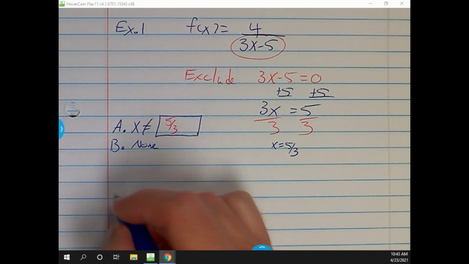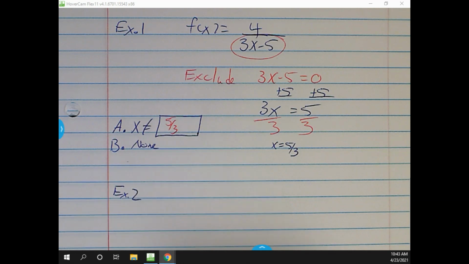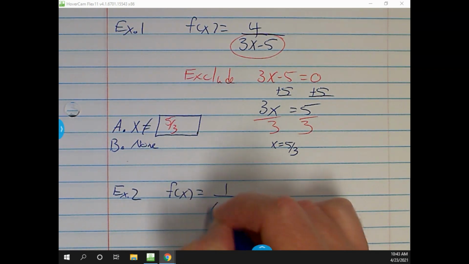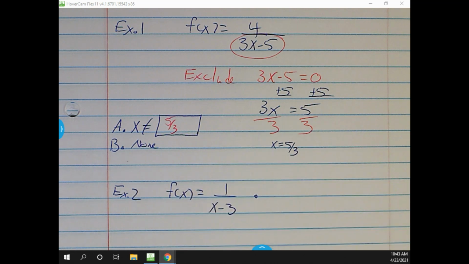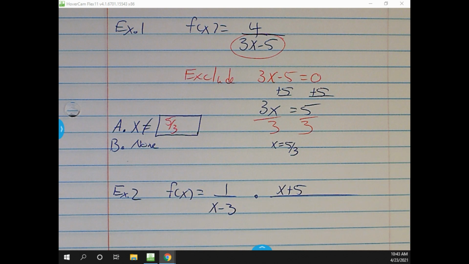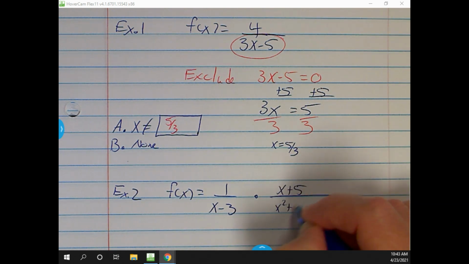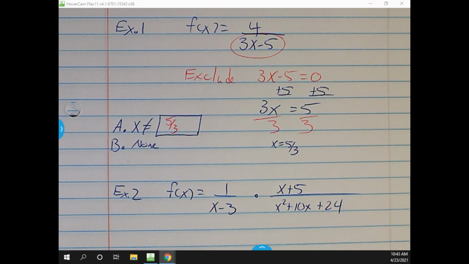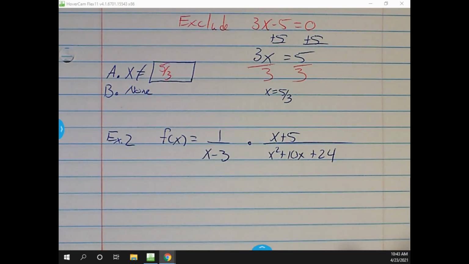Okay, so example 2, basically the same thing, just a little bit bigger problem. Okay, so for example 2, we'll go with 1 over x minus 3 and then times x plus 5 over x squared plus 10x plus 24.